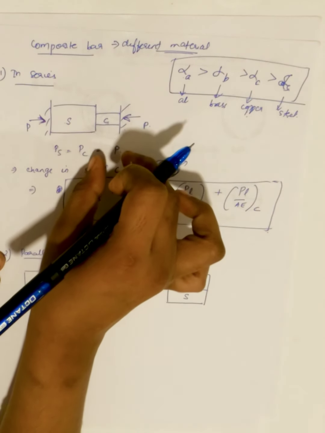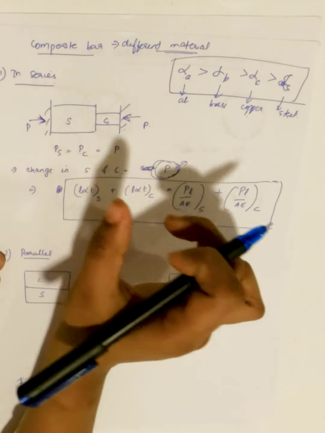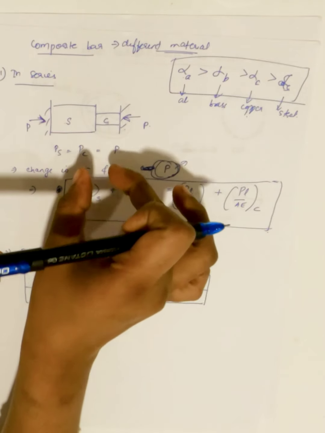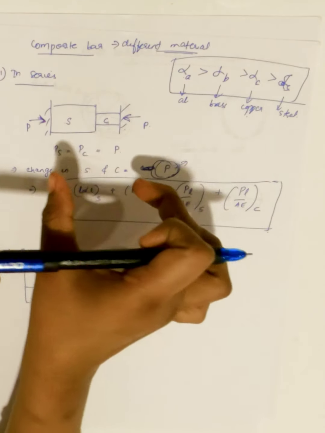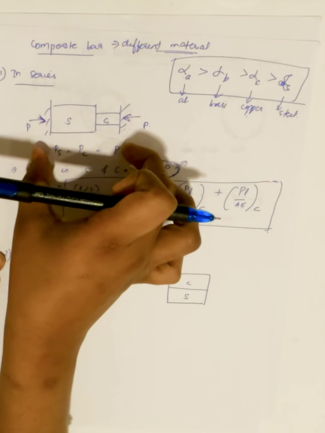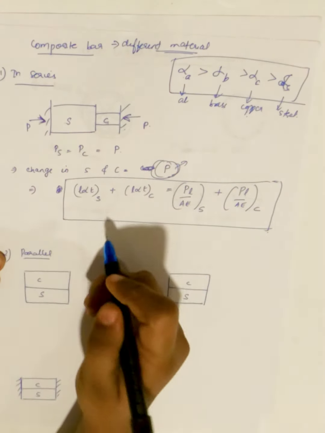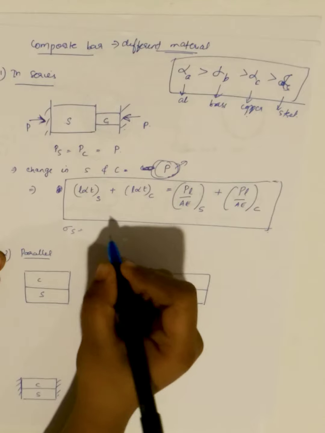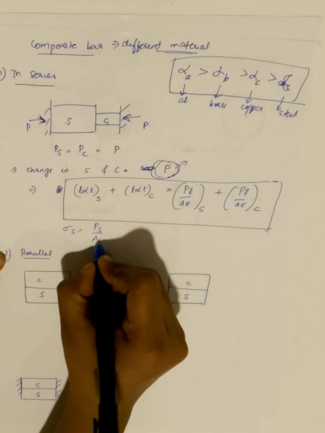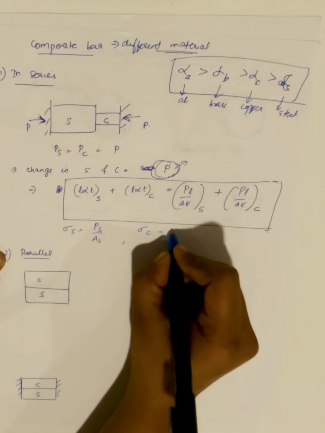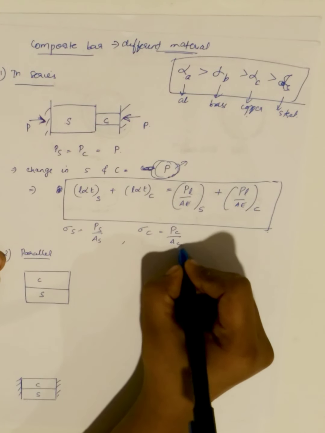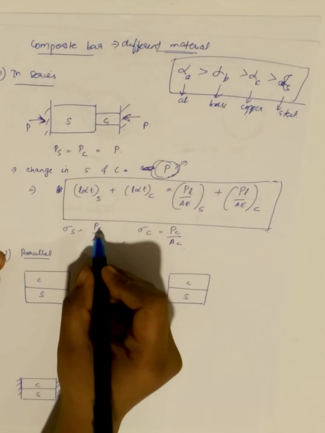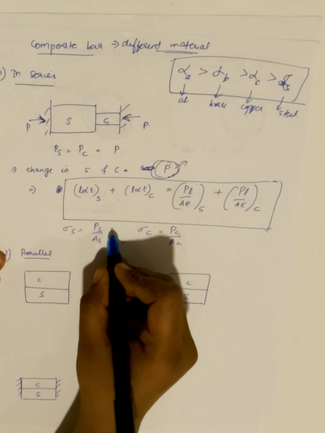The increase in length of steel and copper due to temperature increase will be taken by the forces P developed in steel and copper in such a way that there won't be any yielding, or the support will remain fixed. Then stress in steel will be PS by AS, and stress in copper will be PC by AC. AC is the area of copper, AS is the area of steel. PS and PC are the same here, so we can take it as P itself.